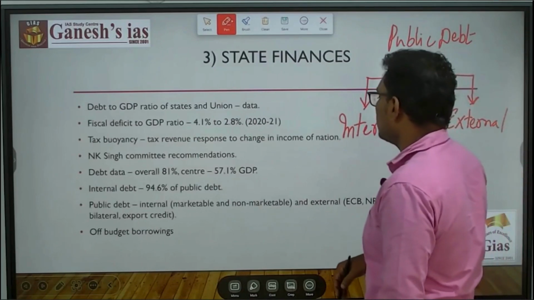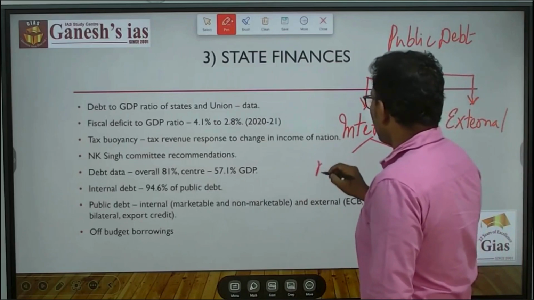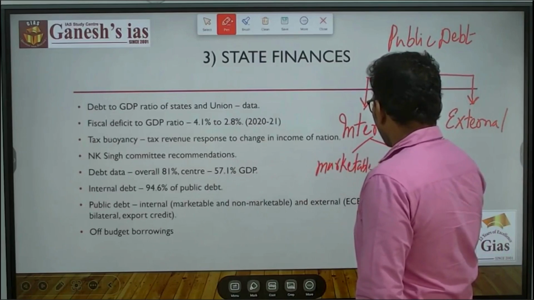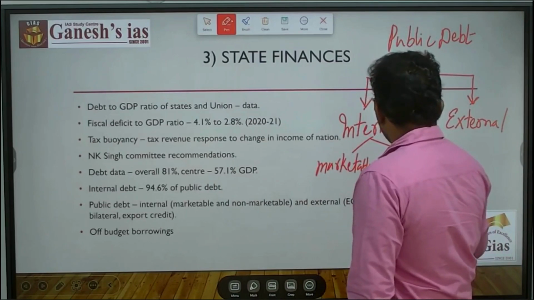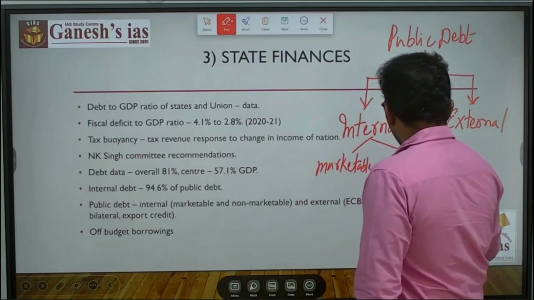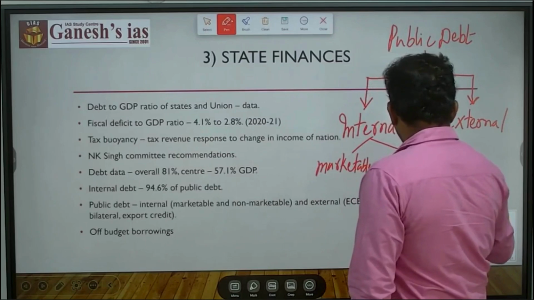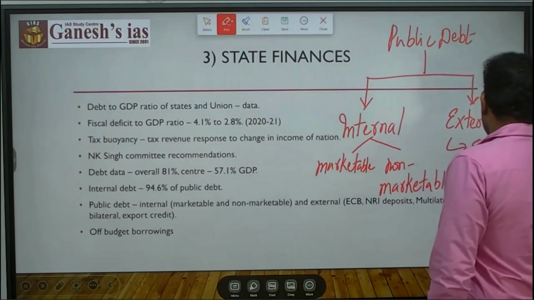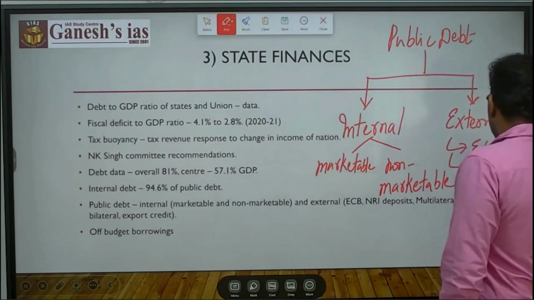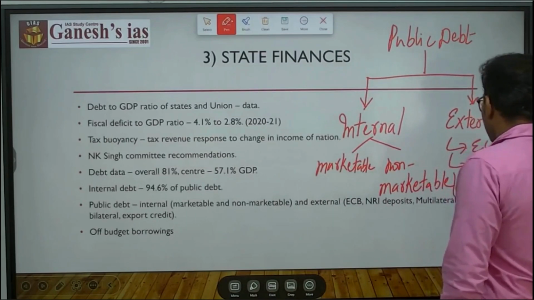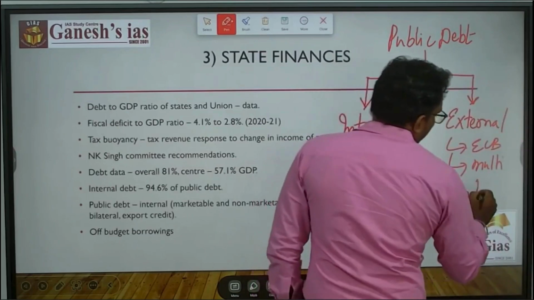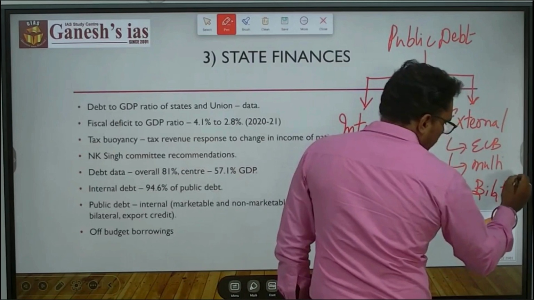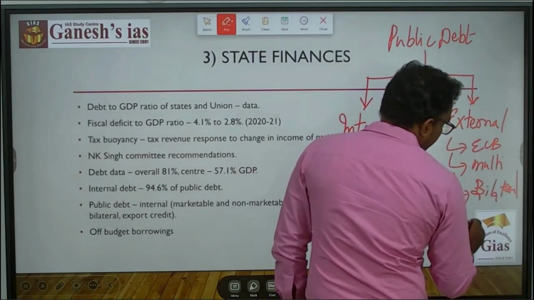Internal debt and external debt. Your internal debt can be of two types: marketable and non-marketable. Whereas your external debt can be from external commercial borrowings, multilateral borrowings, bilateral borrowings, export credit.